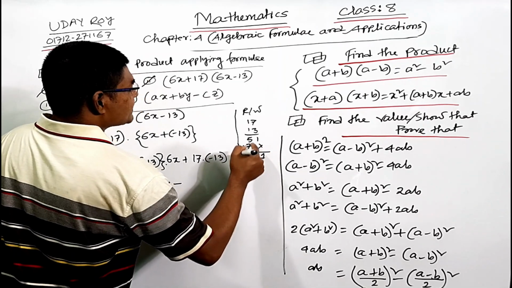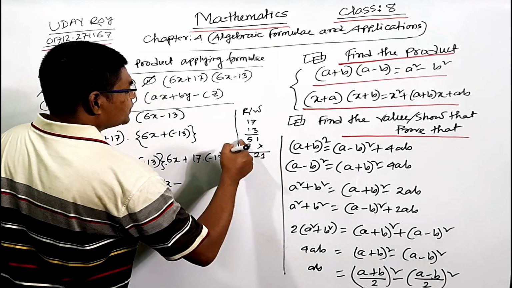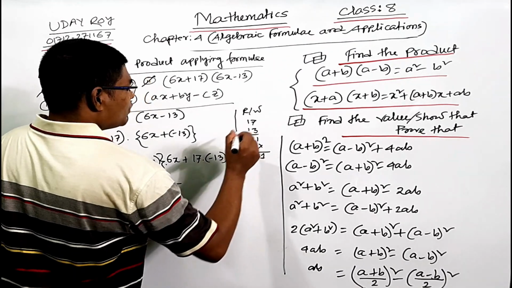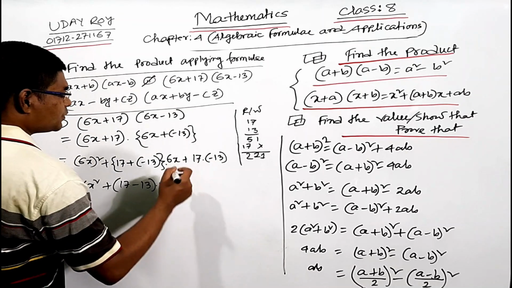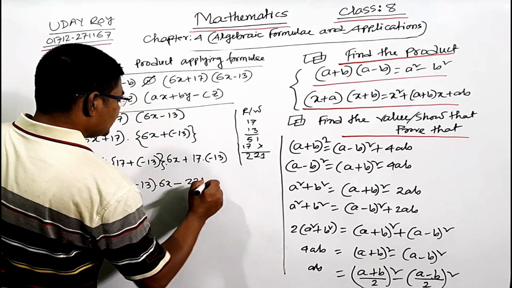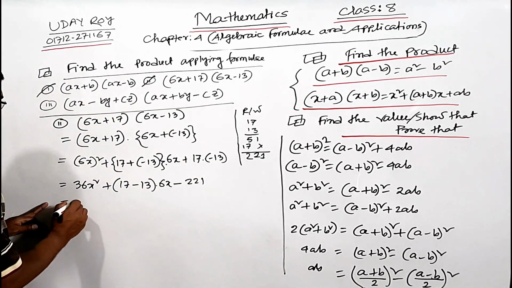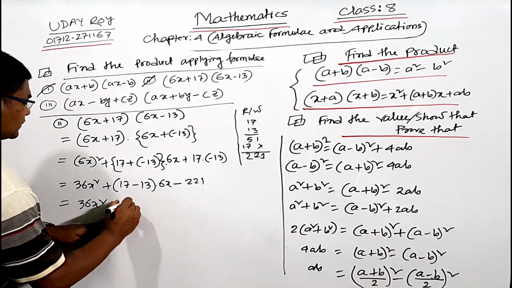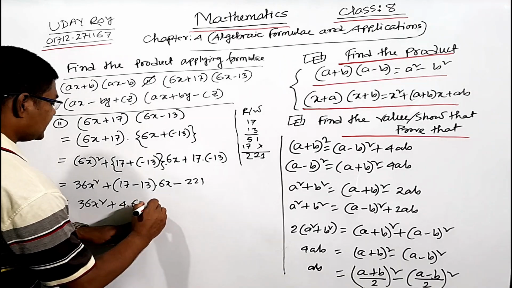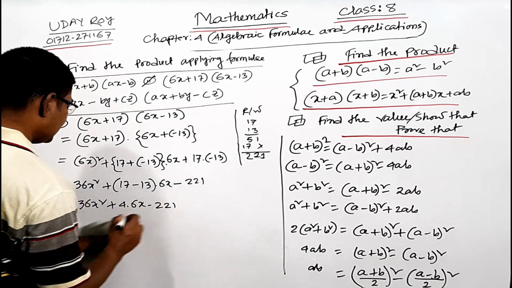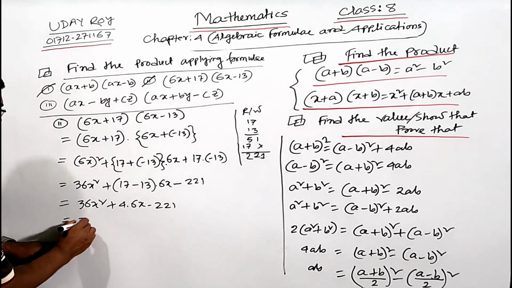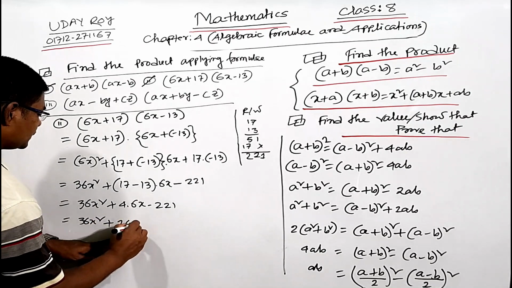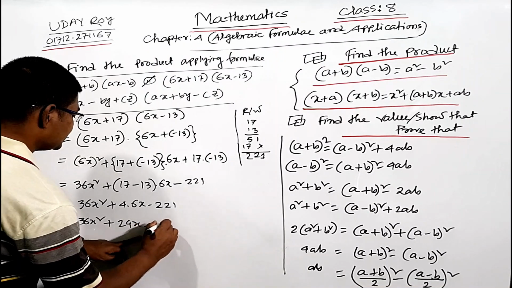So 1, 7 plus 5, 12, and 2 to 1. So minus into plus minus 221. We have got 36 x square plus 4 into 6x minus 221. The answer is 36 x square plus 24x minus 221.